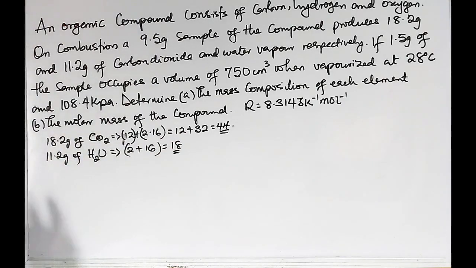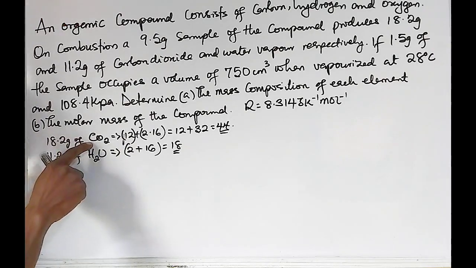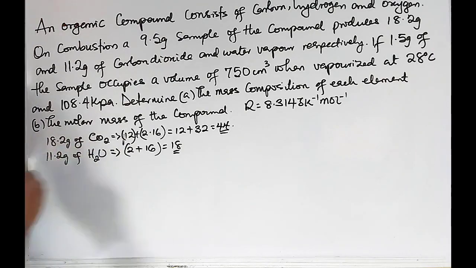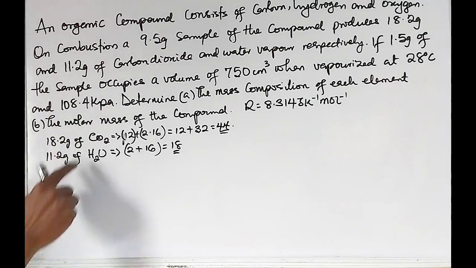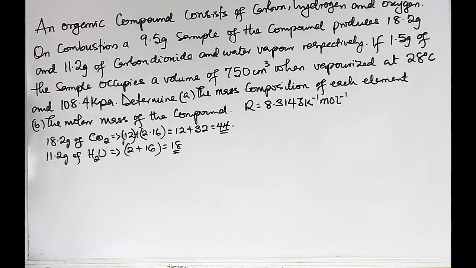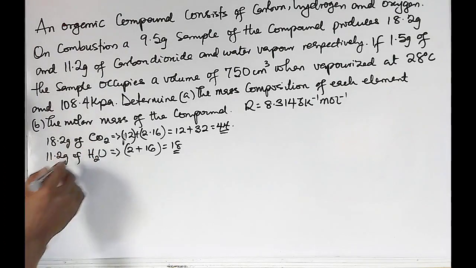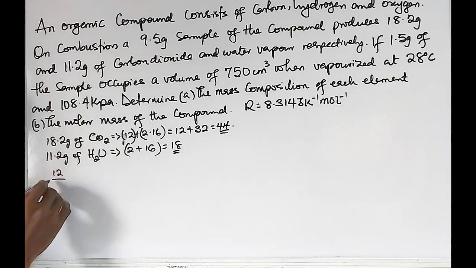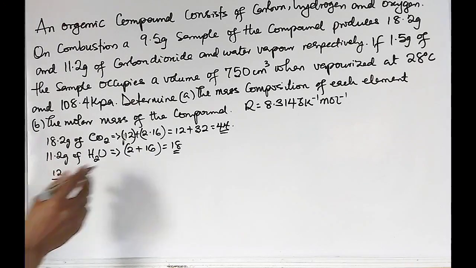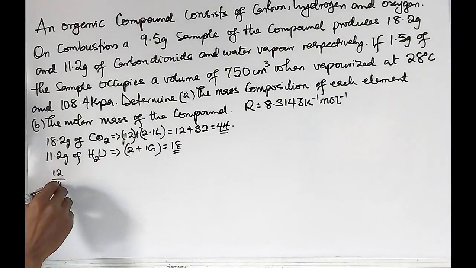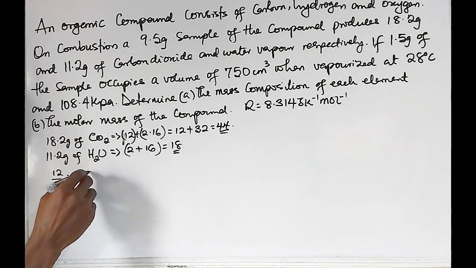Now first of all, let us find the composition of carbon here, and also find the composition of hydrogen here. Now for carbon, since it is one atom here, you have 12 all over the total. Now what is the total? That'll be 44, now times 18.2.